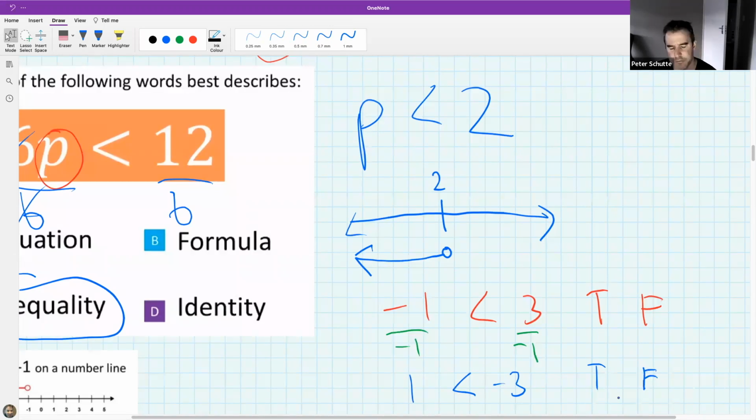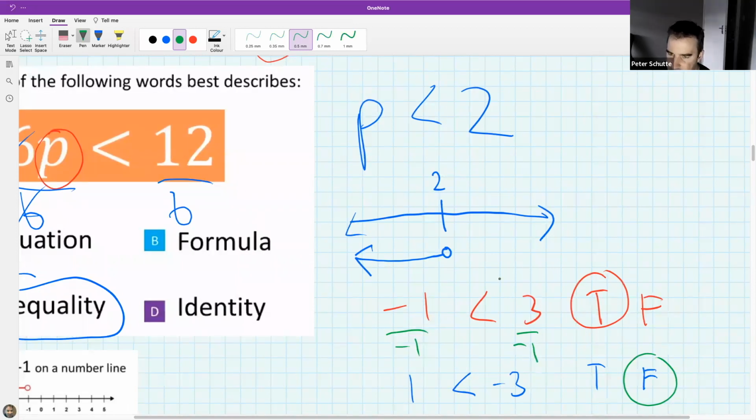True or false? Now, remember, above, you were all happy that it was true. But in this situation, is this true or false? It's false. So how can that be happening? Because you started by dividing both sides by a negative, and you did the same thing to both sides.